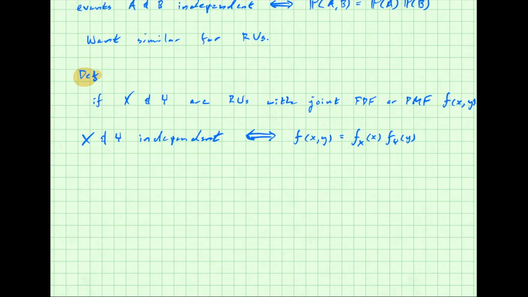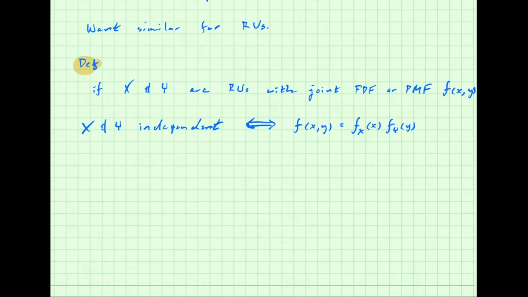I will skip adding in the definition of the marginal density functions here, so it should be understood what those mean. If not, consult the previous lecture. And this has to be true for all x and y in the reals, for all real x and y.